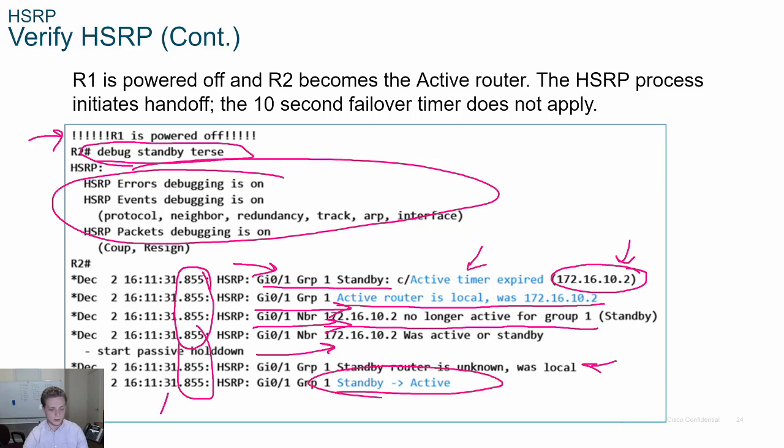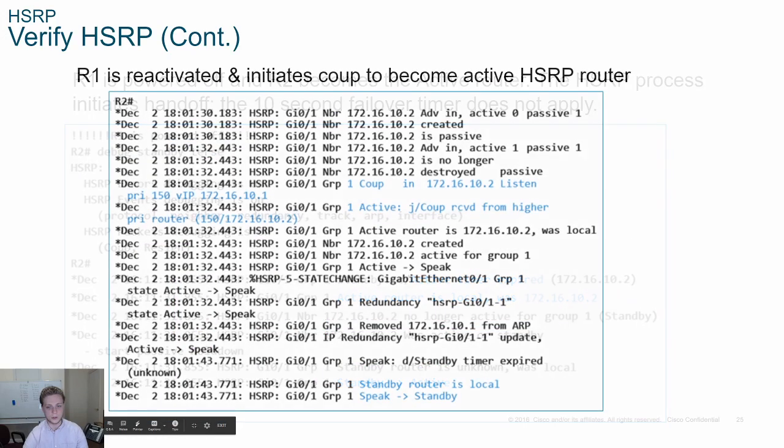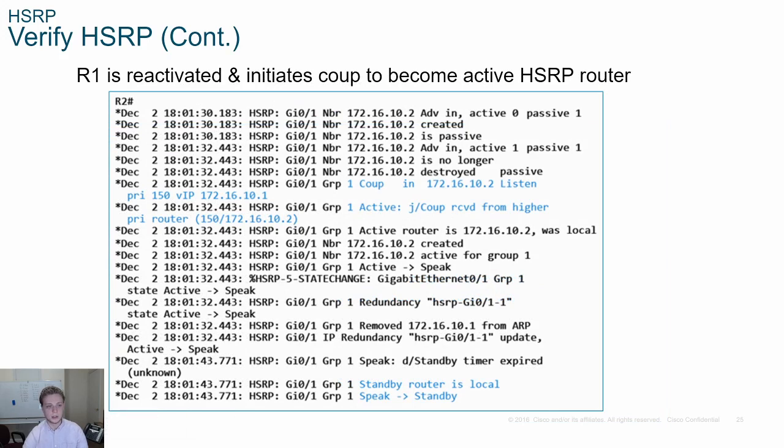Now, this happens all in a fraction of a millisecond, super, super quick, once we've figured out that it probably is down. So R1 is reactivated and initiates a coup to become the HSRP router. So you'll see here in the debug logs, it actually says a coup from 10.2 with a priority of 150.